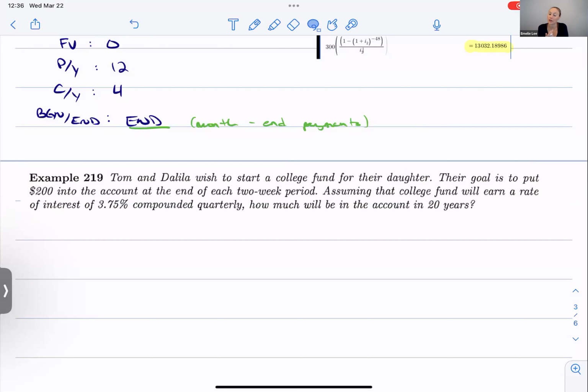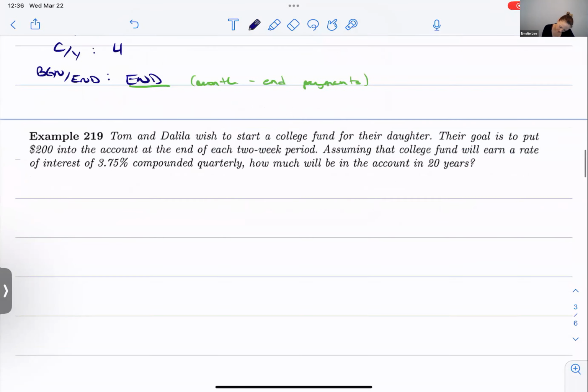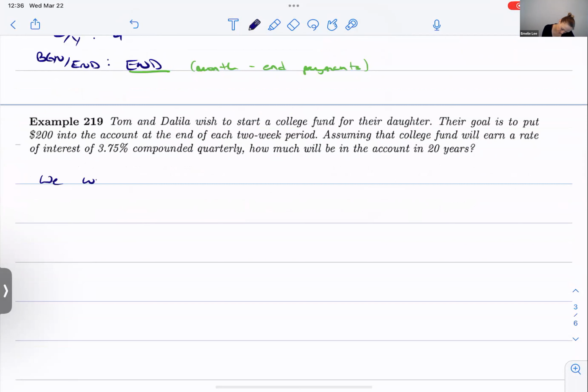Because we haven't had a lot of practice solving things by hand. So here we will first solve by hand, then using the calculator.